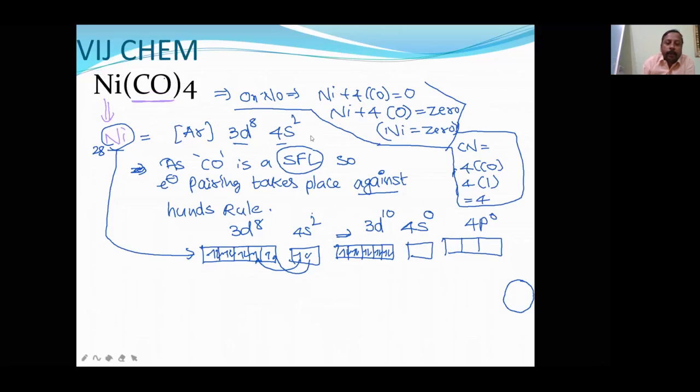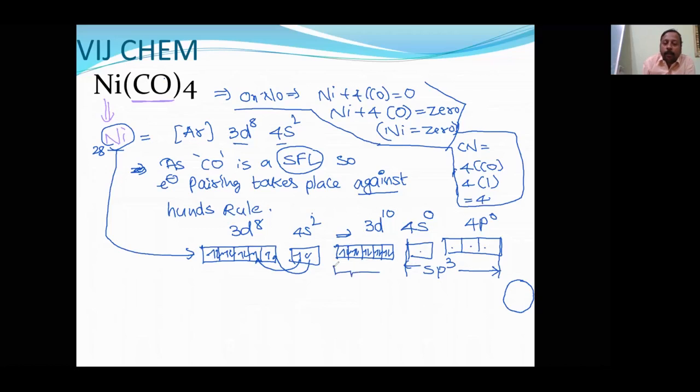So nickel in the presence of tetracarbonyl, this is the configuration. Is that clear? Now the coordination number is 4, so 1, 2, 3, 4. Coordination number is 4, so the hybridization will be sp3.